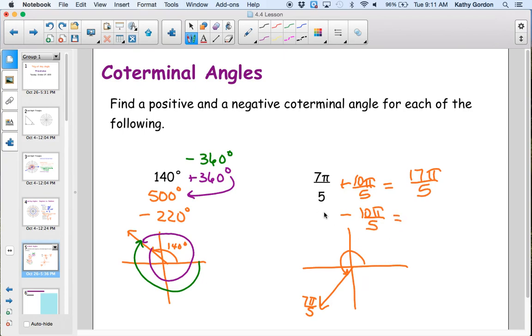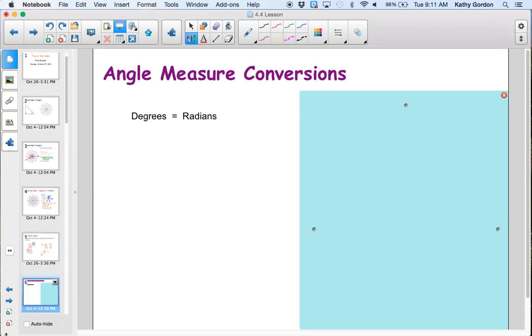So if I take 7 pi over 5 minus 10 pi over 5, then we get negative 3 pi over 5. So there's your positive and your negative. Okay? Questions on that? Everyone understand now what we're talking about when you're asked for a coterminal angle? Okay. How about conversions?